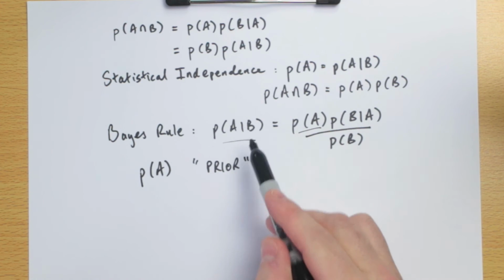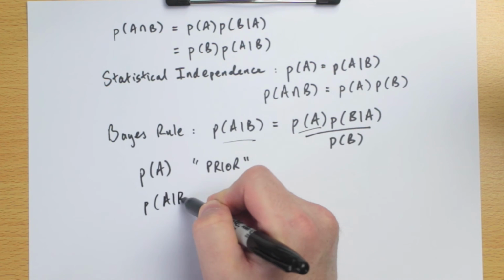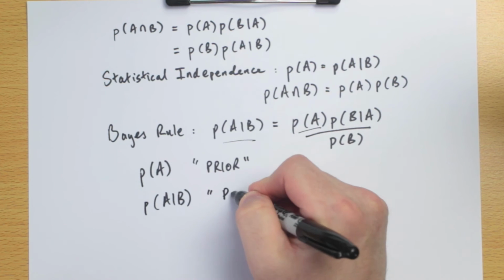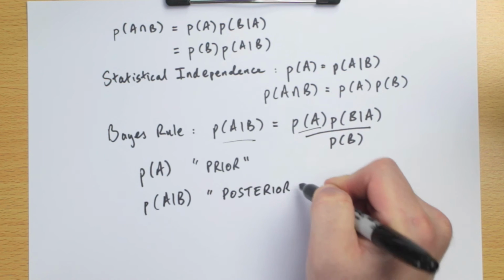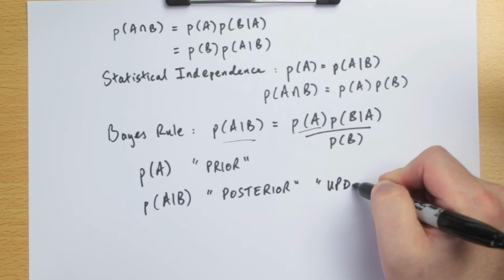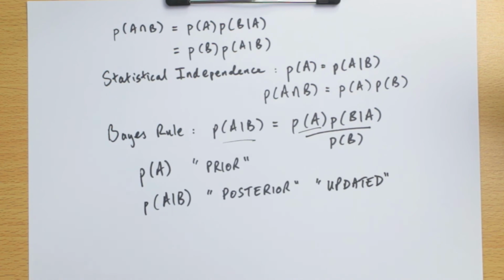Once I receive information that event B has happened, my belief changes to A given B, and sometimes we call this the posterior belief or the posterior probability, or sometimes it's just called the updated or revised probability. Okay, and we call this process Bayesian updating.